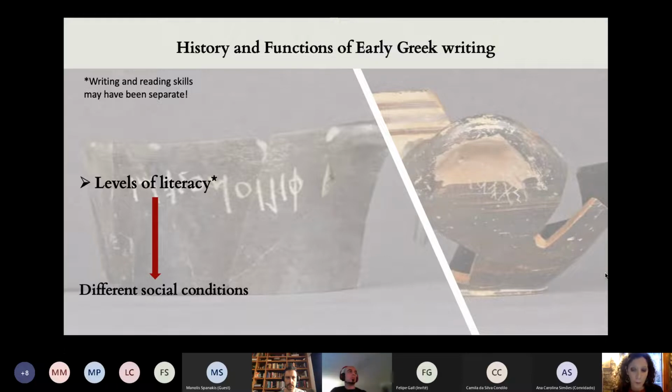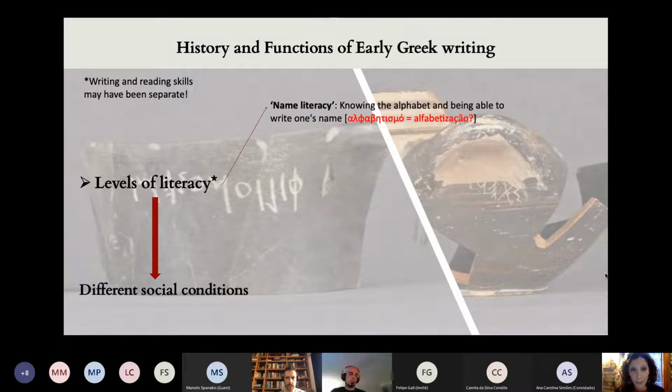So we have to forget the idea that only the elite can write, because it's not like that. Maybe the elite can write the Nestor's cup, but it's not that in the early stages of writing only the elite had the urgency of writing. So I was saying that there are different levels of literacy.